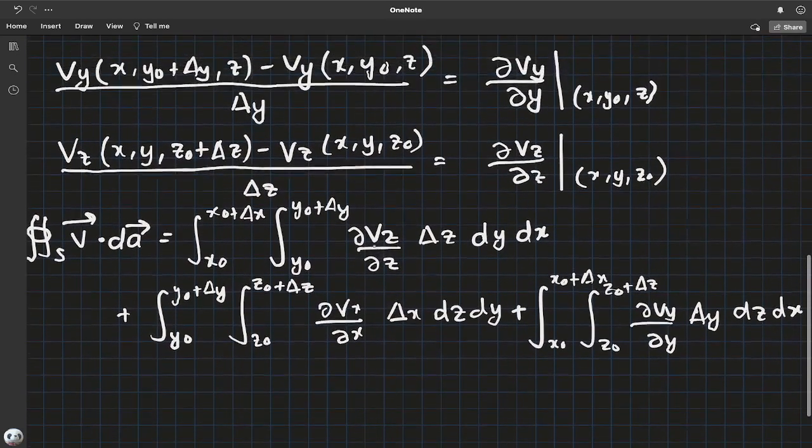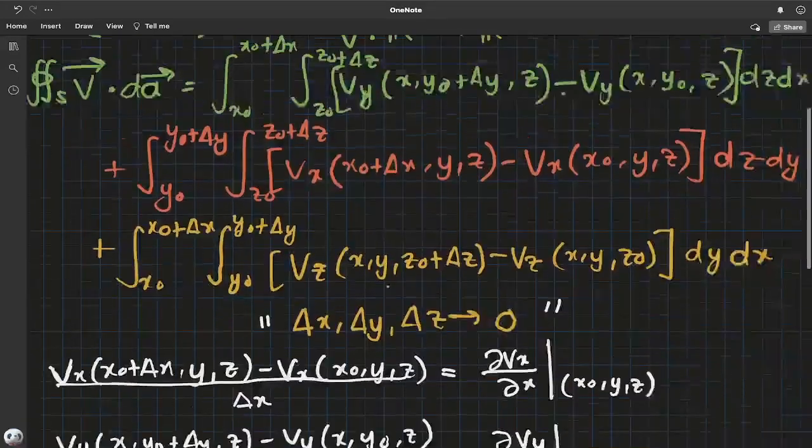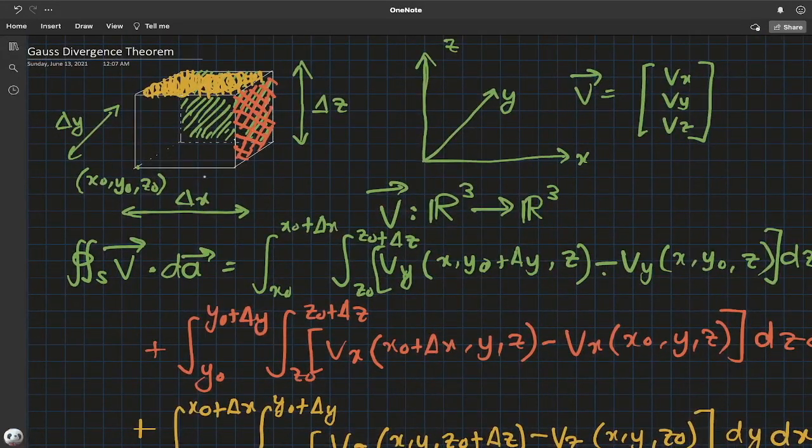Okay, so notice as delta x, delta y, delta z approach 0, this from being a normal cube becomes an infinitesimal cube.